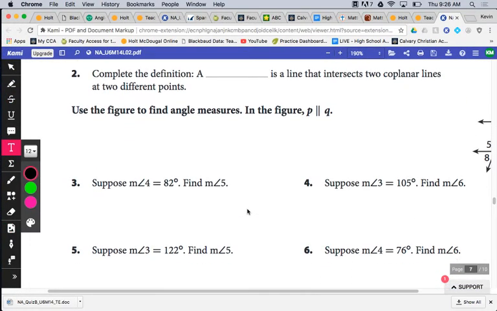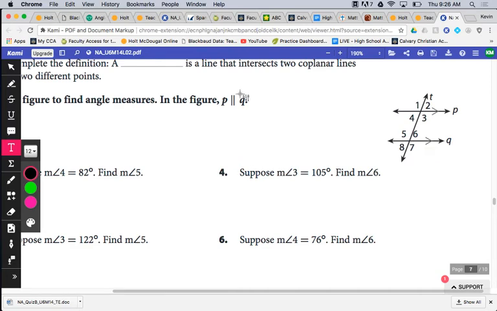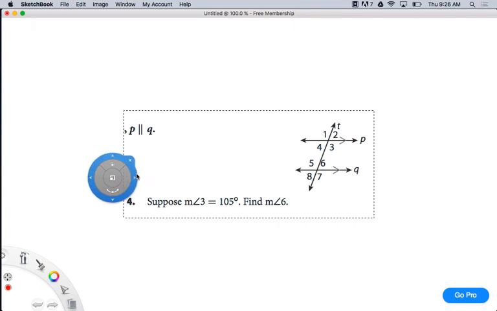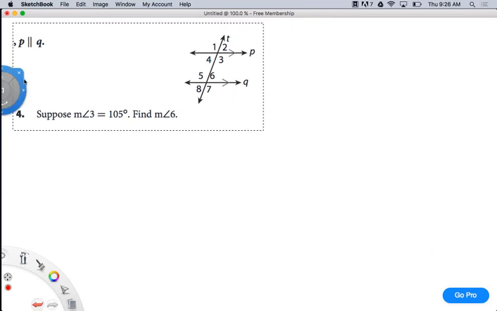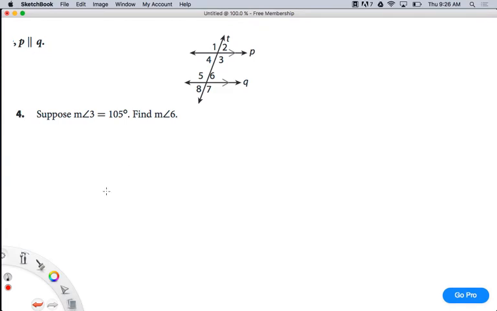Next. Number 4. Suppose the measure of angle 3 is 105. Find the measure of angle 6. Well, what kind of angle pair is that, Andres? Angle 3 and angle 6, you could just look on the board.